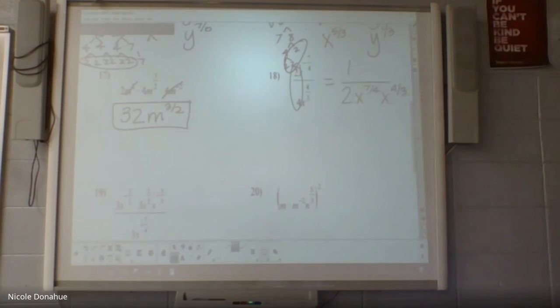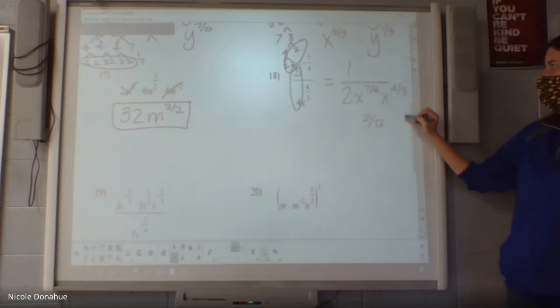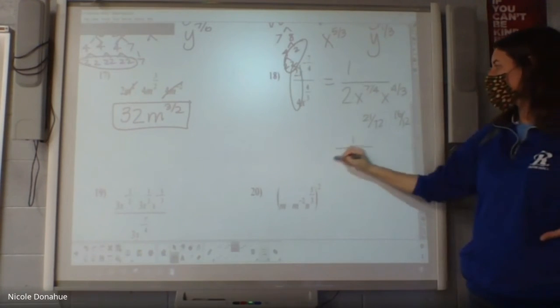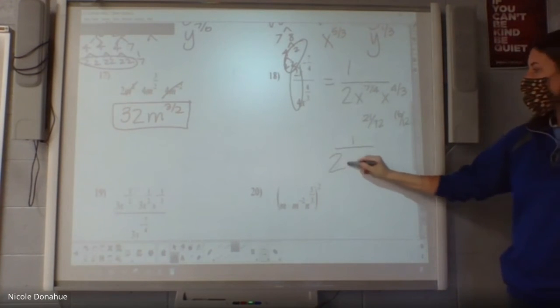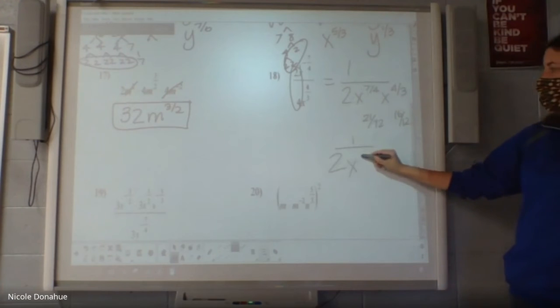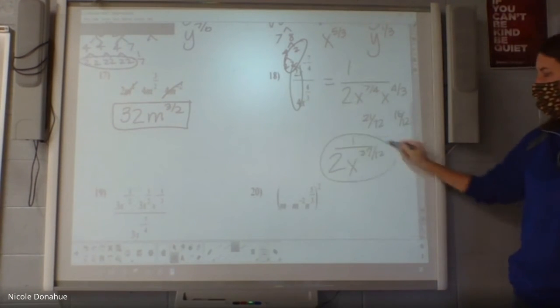Adding those exponents, we need a common denominator. What's it going to be? 12. So this is going to be 21 over 12, because you multiply both by 3. And it's going to be 16 over 12. So 21 and 16 is going to be 37 over 12.